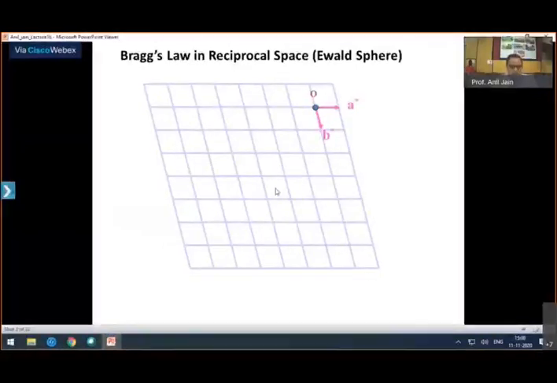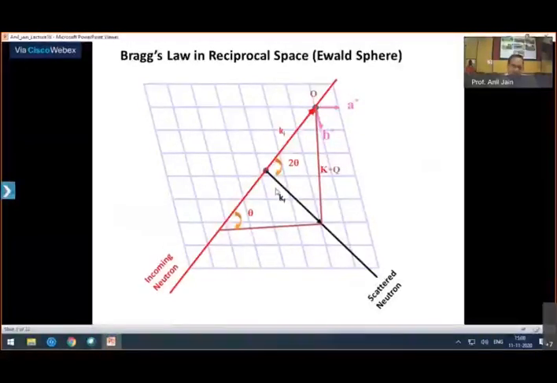Here I have an incident beam whose incident wave vector has magnitude Ki, and this Ki terminates at one of the reciprocal lattice points of your sample.